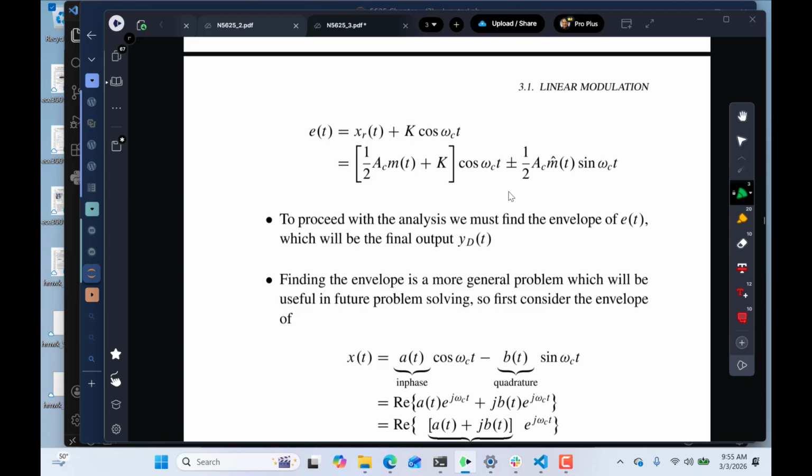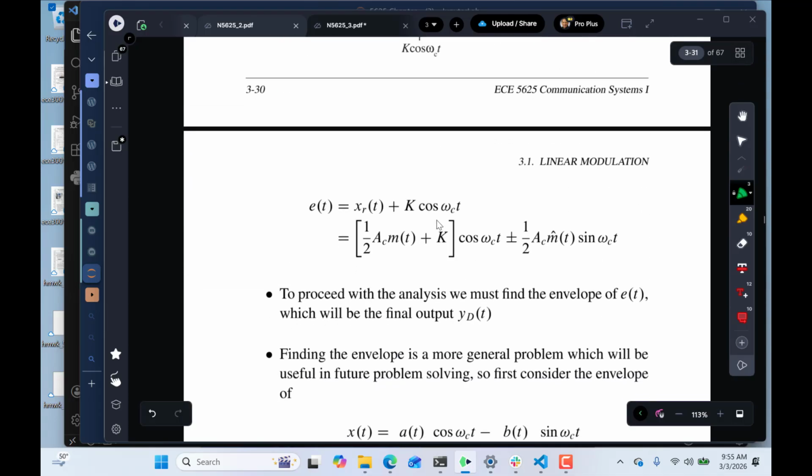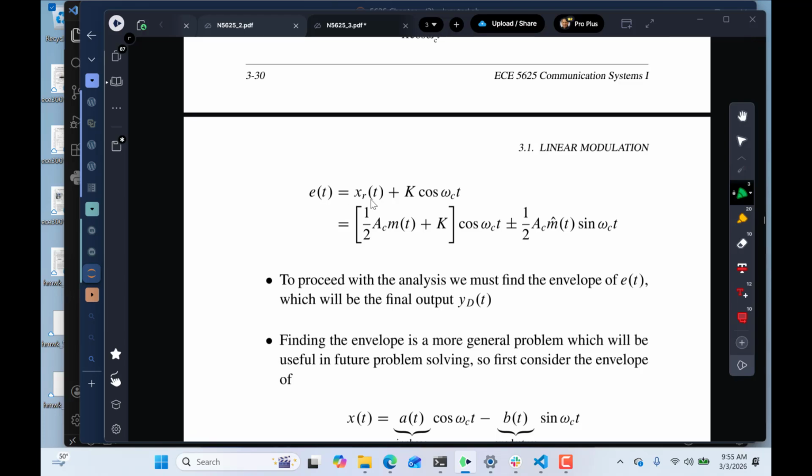So here I'm just going to jump in and say, let's study what E of t is. So E of t is our received waveform. In this case, we're focusing on a single sideband waveform. And then we've got pure carrier added in, k times cosine omega ct. So I've got this written now as what's called an in-phase and quadrature term.